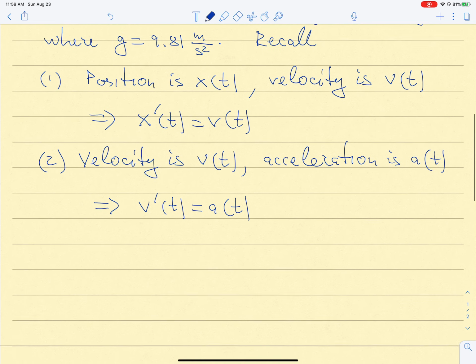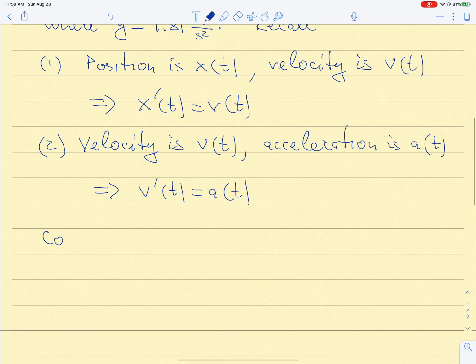And so now if we combine 1 and 2, then we get the following.